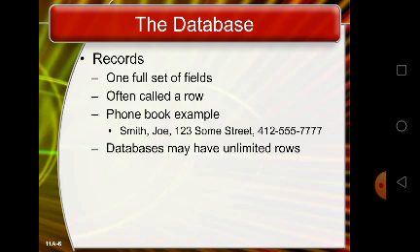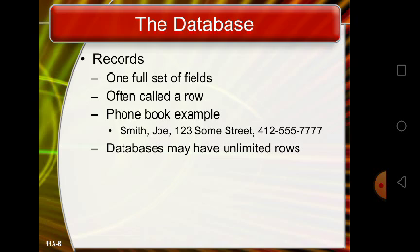Next, records. One full set of fields, that is, all the related data about one person or object, is called a record. Therefore, all the information for the first person is record 1.